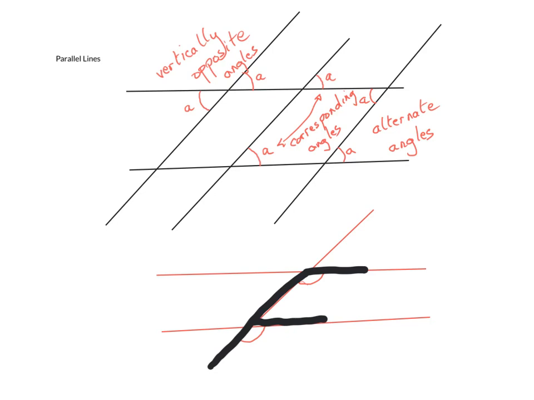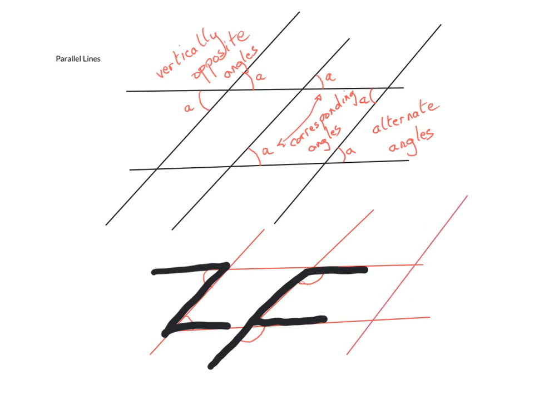Sometimes you'll see these angles like this called Z angles because they make a letter Z. And I suppose, although I don't think I've ever actually seen it, that you could call these, oops, that's not very good, is it?